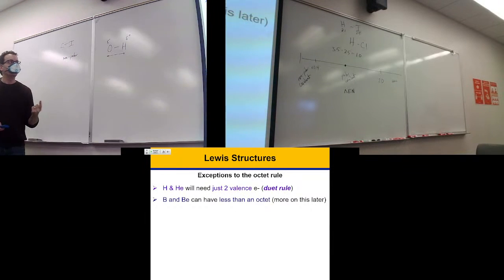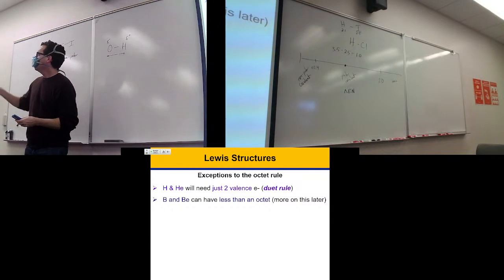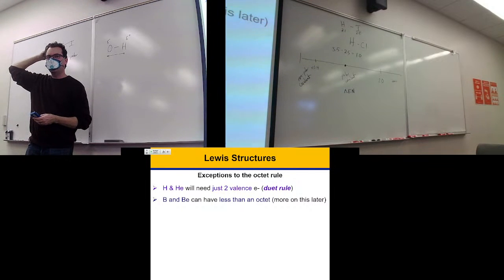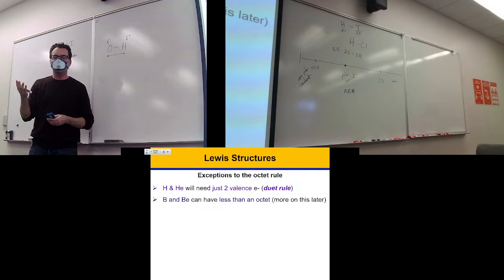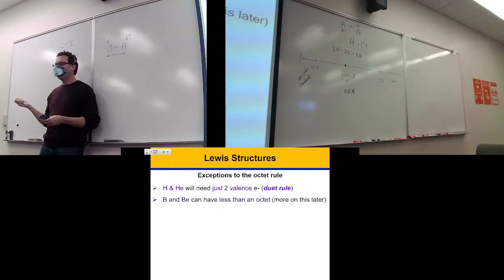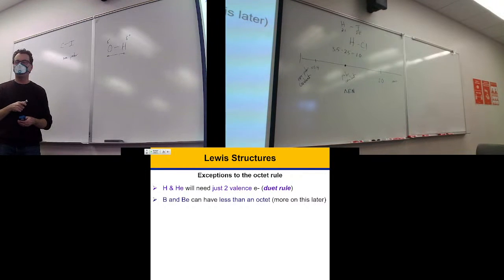But beryllium can have less than an octet. So beryllium is a metal, and normally we think of beryllium as a metal making ionic bonds, but you can make weird covalent bonds with beryllium too. But in beryllium's case, and in boron's, they do not have to have a full octet. It's one of the weird examples where you can break the octet rule.